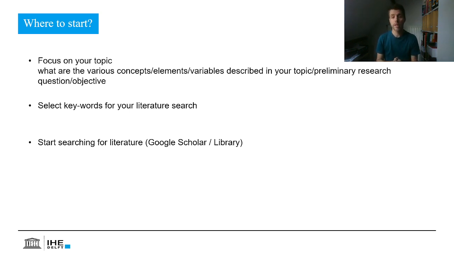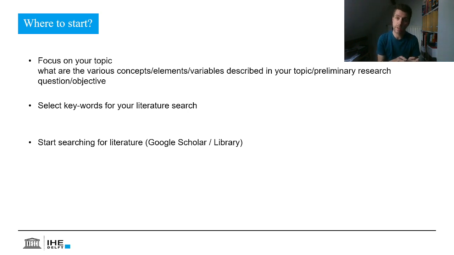Use those as keywords in your literature search. Sometimes use a single keyword, and sometimes you use combinations of keywords. What most of the time does not make much sense is to write your full research question in the search bar, but use different keywords and different combinations of those keywords in your literature search.